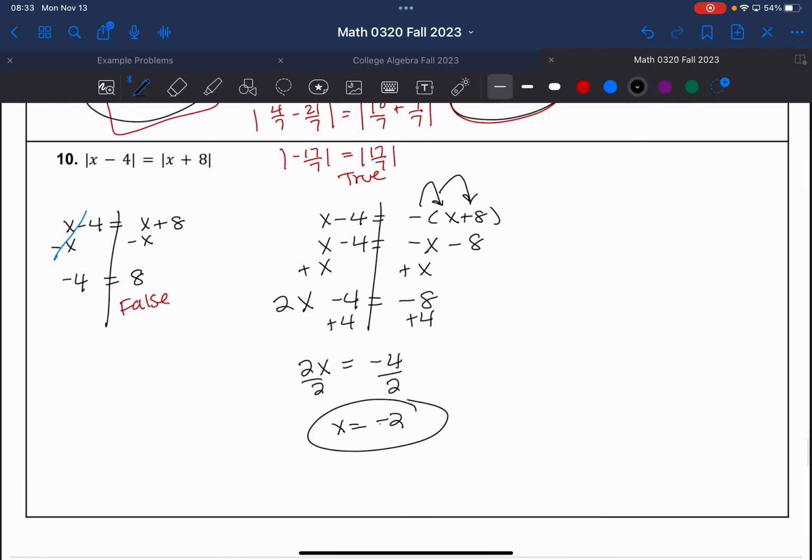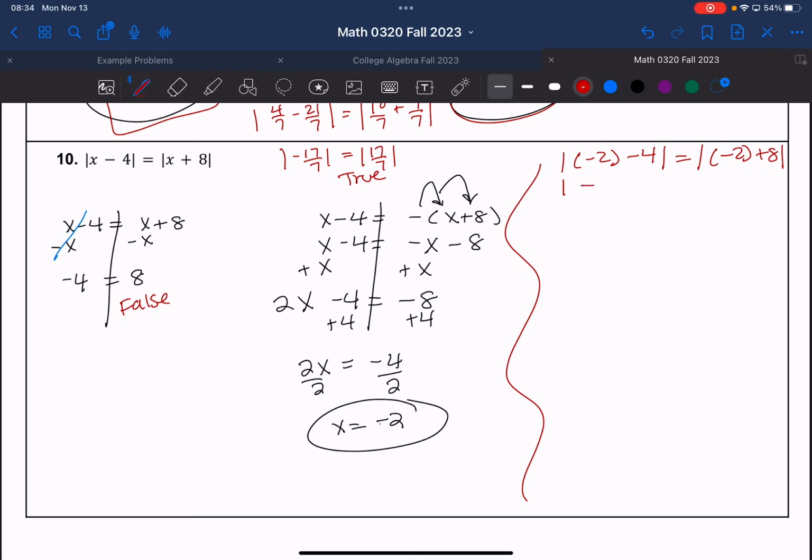I still need to check if that negative 2 gives me a true statement. So I have absolute value of negative 2 minus 4 equals absolute value of negative 2 plus 8. So negative 2 minus 4 gives me what?